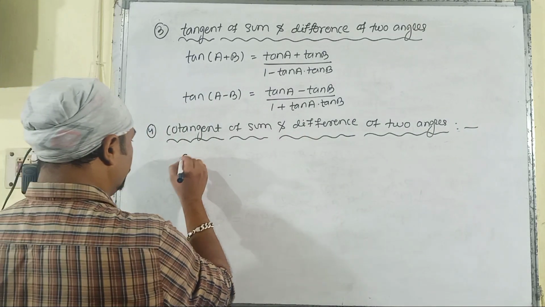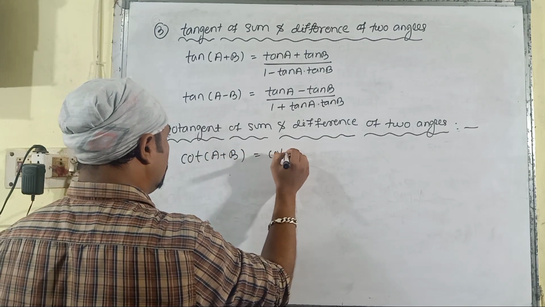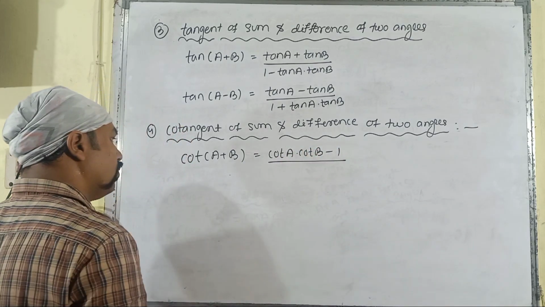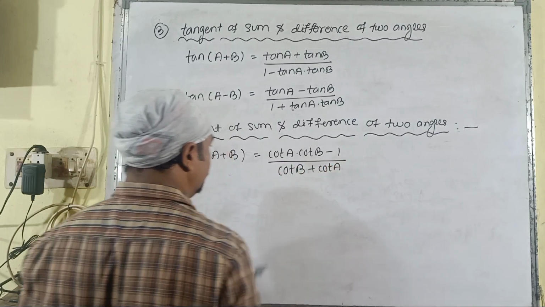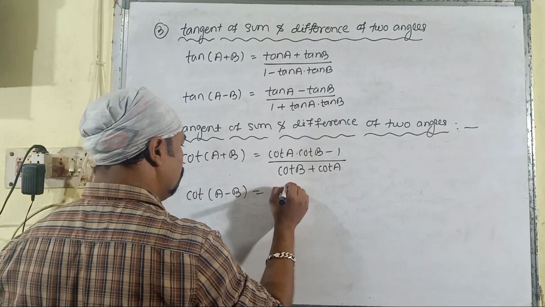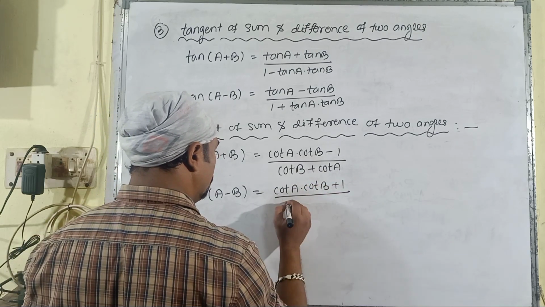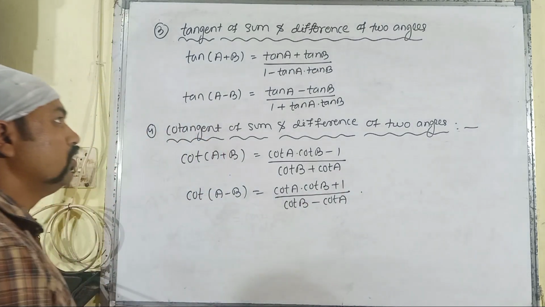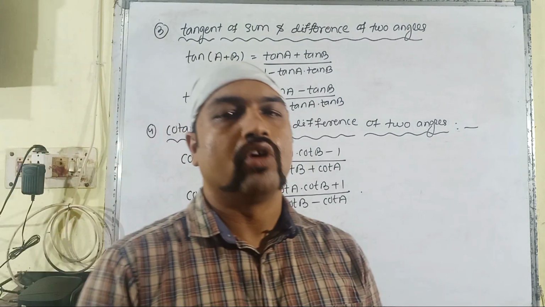The first one is here, cot(A plus B), and that is cot A into cot B minus 1 whole divided by cot B plus cot A. And the last one is cot(A minus B), which is equal to cot A into cot B plus 1 whole divided by cot B minus cot A. So these are the 8 simple formulas based upon the trigonometric ratios of compound angles.